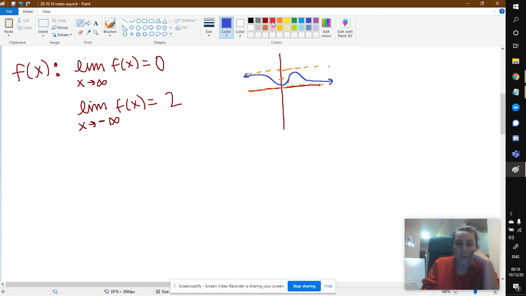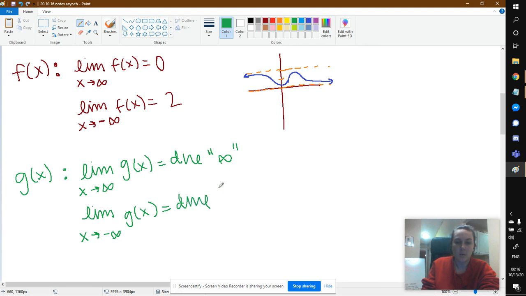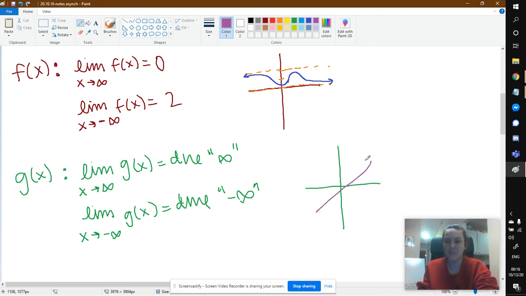If we have a mystery function called g, and we know the limit as x approaches infinity of g of x does not exist because it's going to infinity, and the limit as x approaches negative infinity of g of x does not exist because it's approaching negative infinity, what could that look like? There are a lot of options here. Boom, it's a straight line.